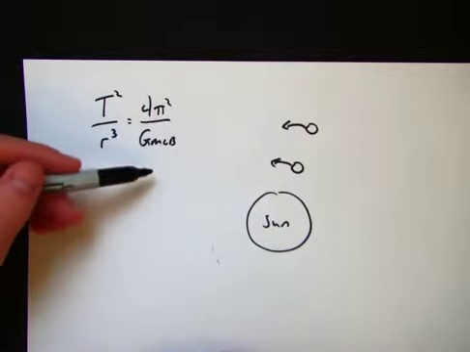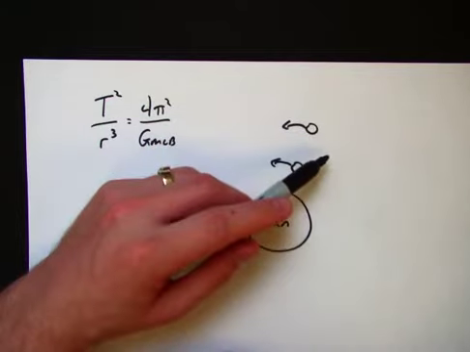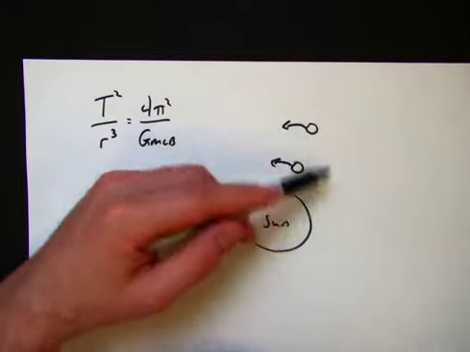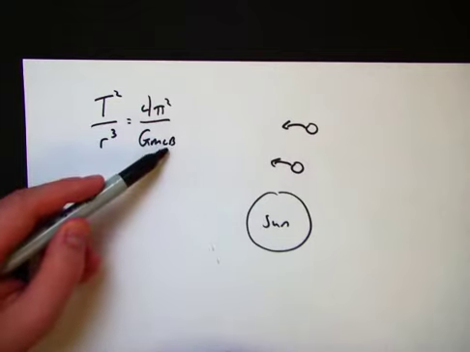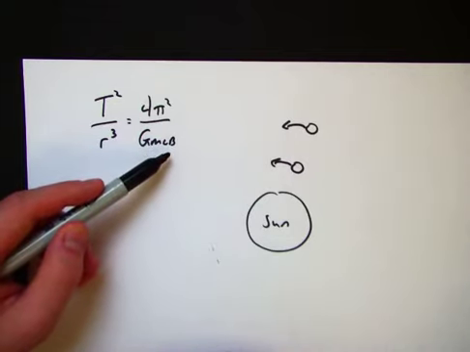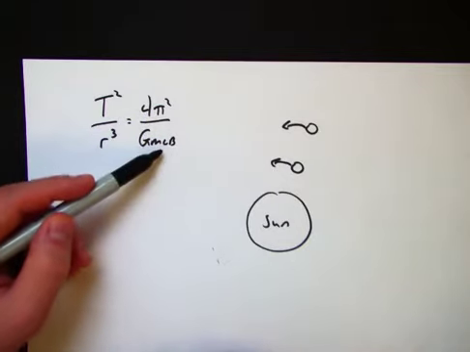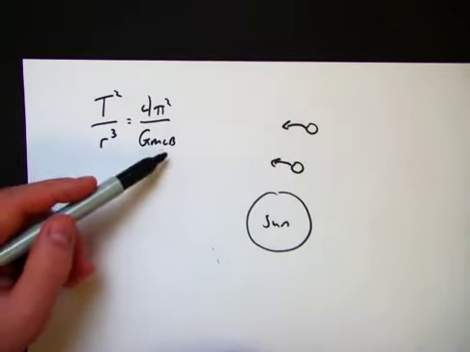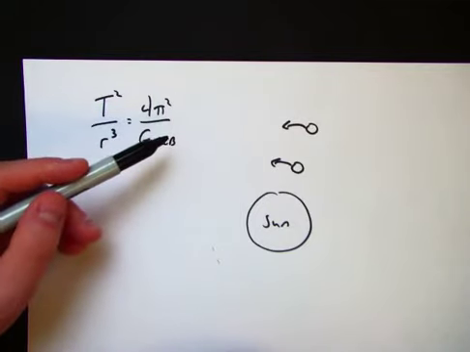This is what Kepler noticed. It's always the same number. The Earth has the same, Jupiter has the same, as long as they're going around the same center body. In other words, any satellite going around the Earth, including the Moon, would also obey this. Of course, it would be a different result because we're talking about the Earth as opposed to the Sun, but for each of those satellites, it would be the same.